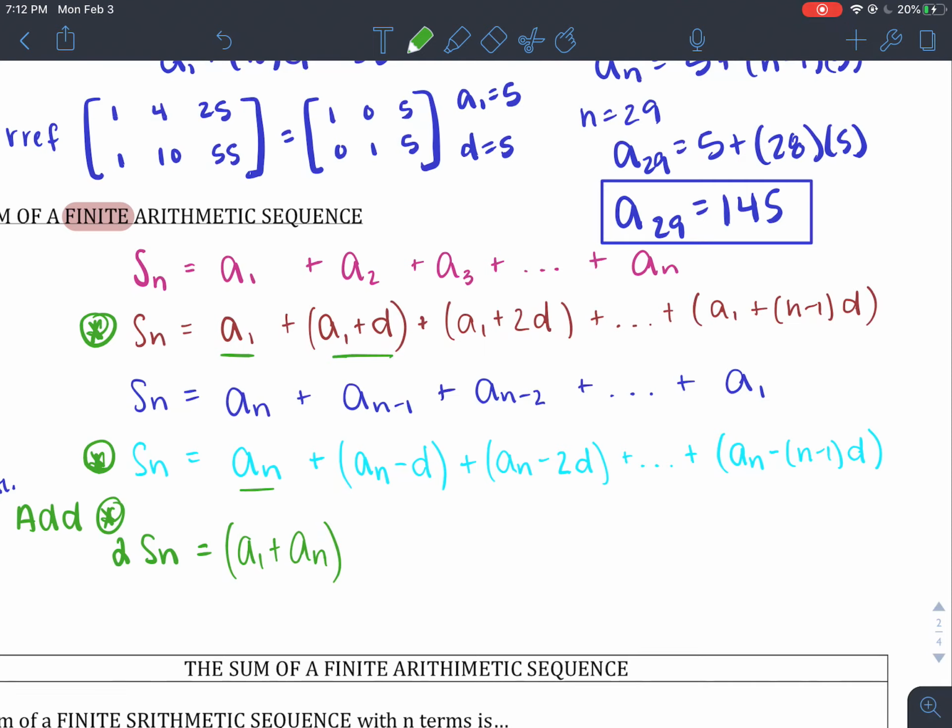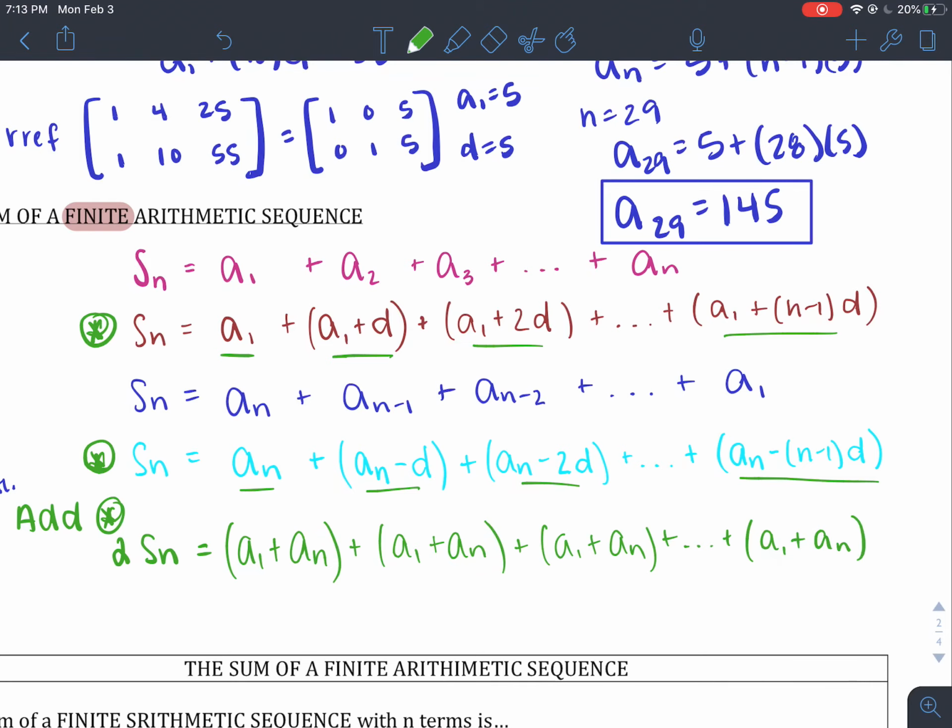For the second one, the plus d and the minus d cancel, and I'm left with a sub 1 plus a sub n. For the third terms, the plus 2d and the minus 2d cancel, and I'm left with another a sub 1 plus a sub n, plus dot dot dot, plus these last ones, positive n minus 1 d and negative n minus 1 d, those cancel. I'm left with another a sub 1 plus a sub n.